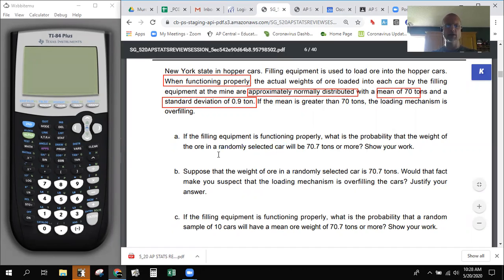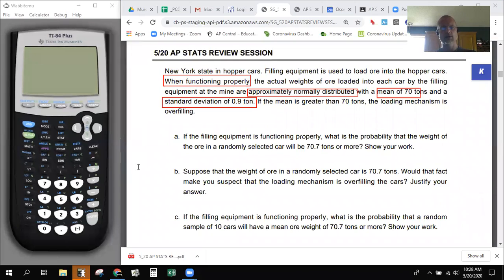Show your work. Okay, so this is a normal probability problem. So I'm going to start with that.